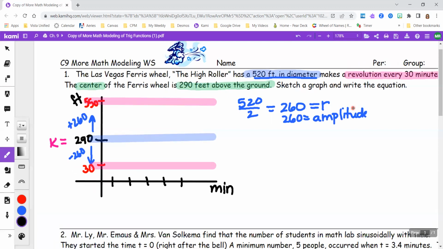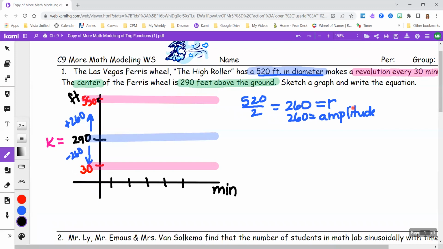So why don't we start with our high being at 550. Hold on, I need to take off one of these because I'm going to have the y-axis be one of my values. So that's 1, 2, 3, 4, and then that's my 5th one.